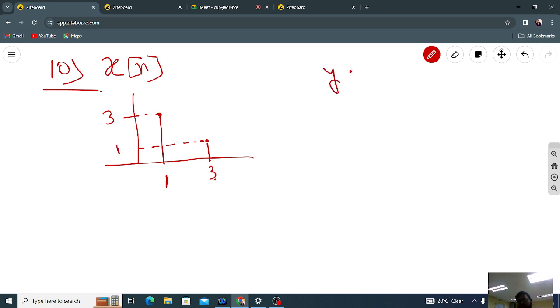Similarly we have another signal y of n that is taking the values 3 and 1.